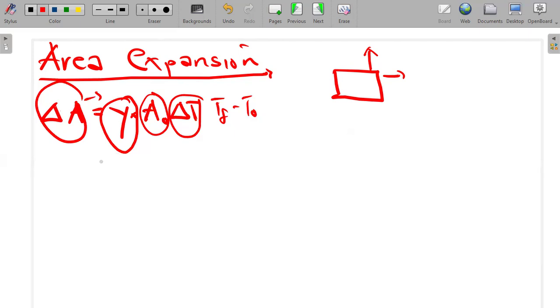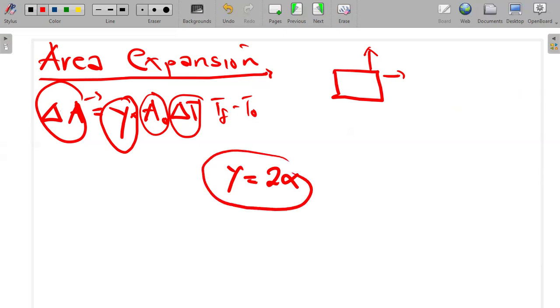So this gamma is also related to the alpha that we described in the concept for linear expansion, such that gamma, which is the coefficient for area expansion, is equal to 2 multiplied by alpha. So 2 times alpha just gives us the coefficient of area expansion of that particular material.